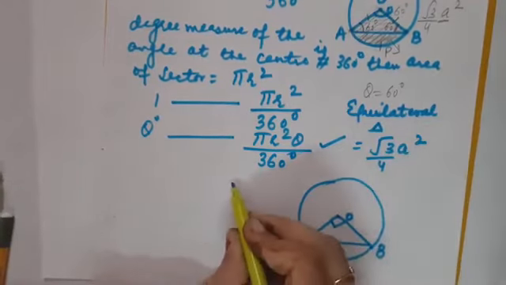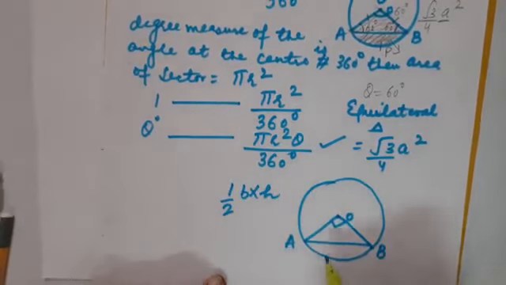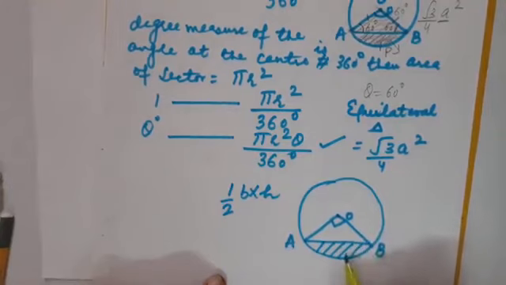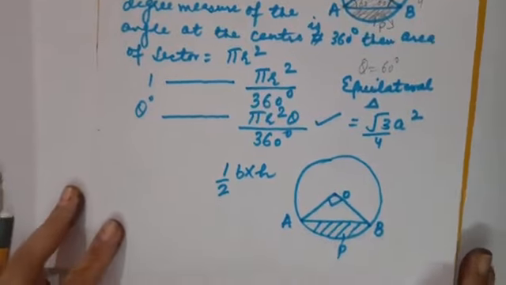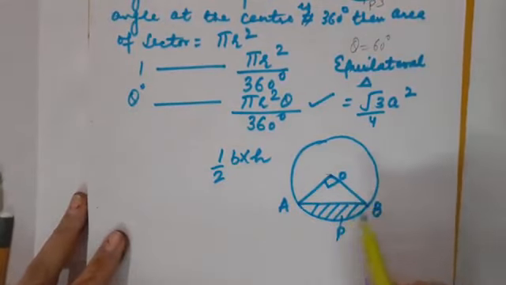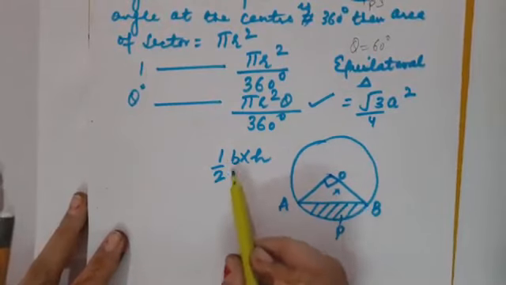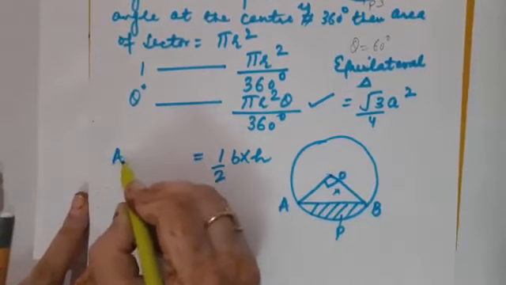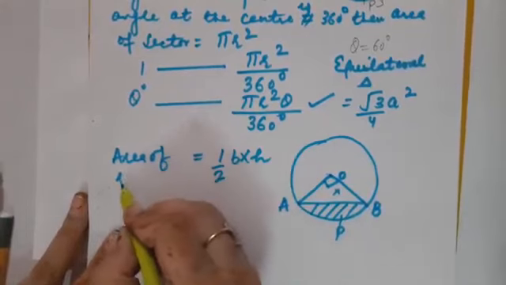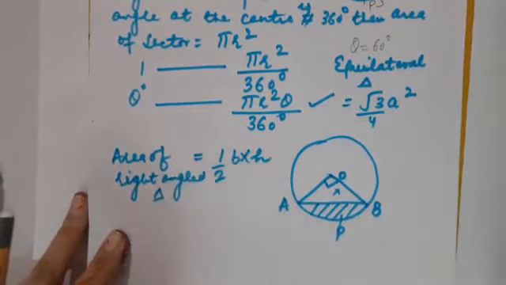So the formula which you have to apply will be half into base into height in that case. Then also you will be able to calculate the area of this segment, which is minor segment. Again the same formula, area of sector minus area of triangle. But what triangle is this? This is a right angled triangle. So the formula will be half into base into height. This is area of right angled triangle. Clear?